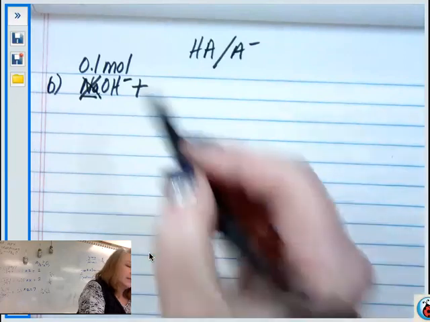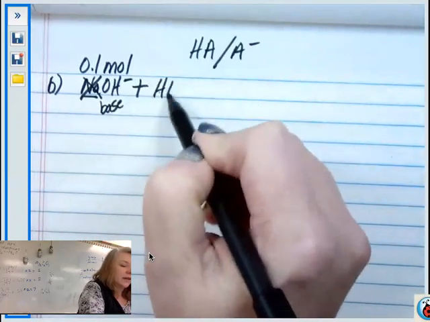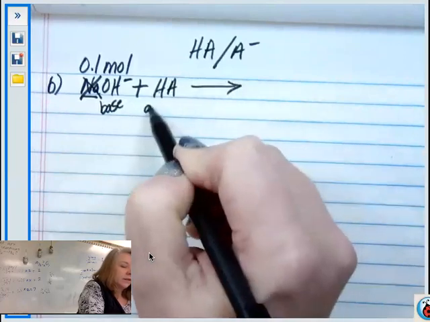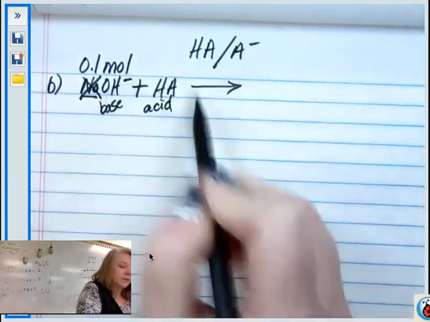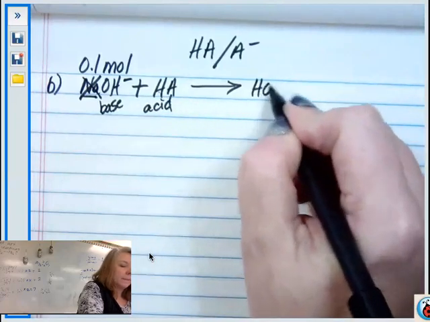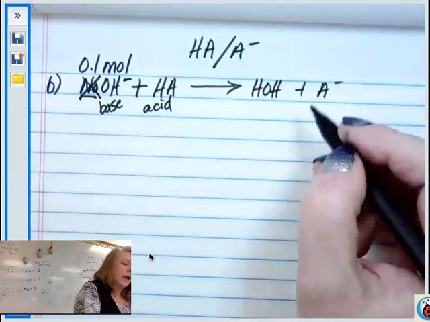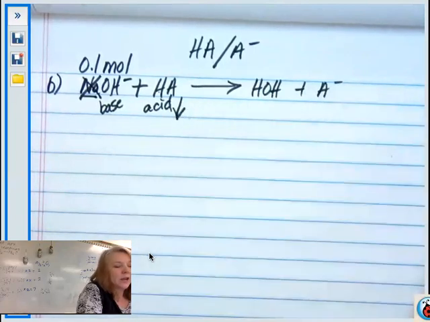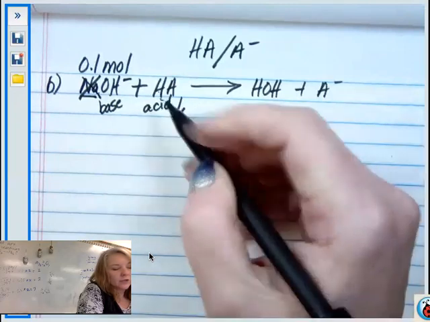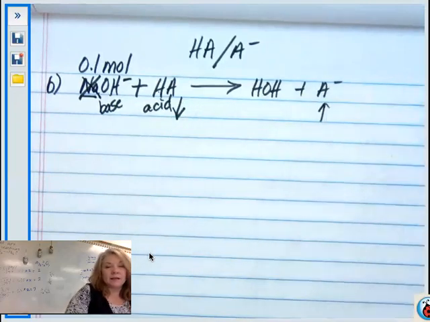You're right. This is a base, so an acid has to come in here and take care of that invader, okay? And so when we do this neutralization equation, H is going to get with OH and make water, and you have A minus left over. So you had a drop in how much acid was actually originally present, and you have an increase in the A minus.